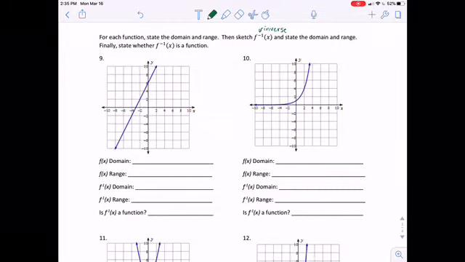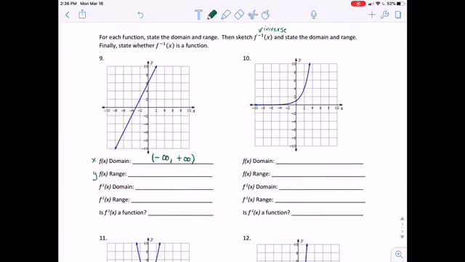So the first thing I'm going to do, for this function graphed here on problem 9, is state the domain and range. Remember that domain is your x values and range is your y values. Here on this graph on problem 9, it's a line. If we think about the x values, the lowest x value we'll ever get to is -infinity, and the highest x value, the farthest to the right we'll ever go, is +infinity.